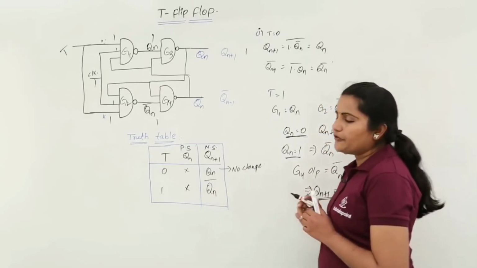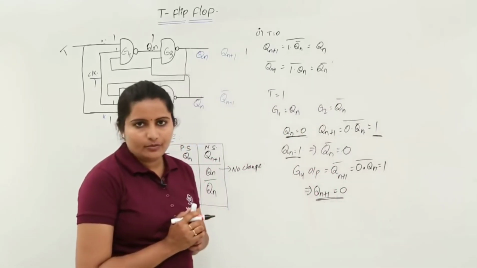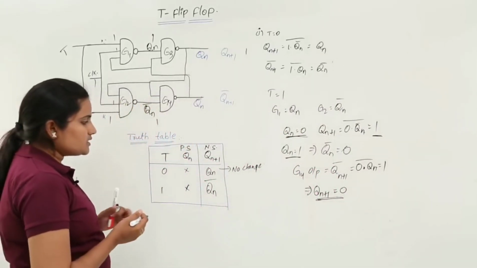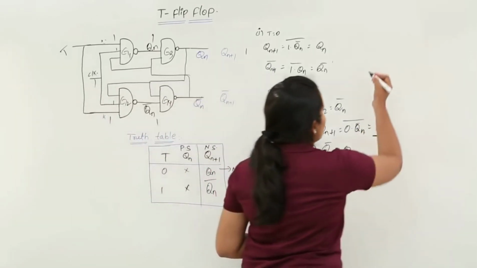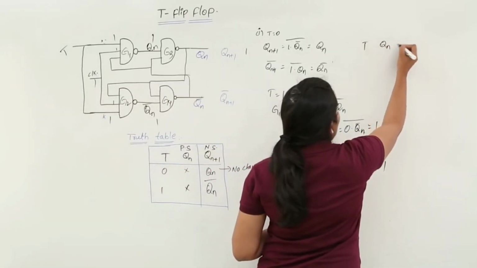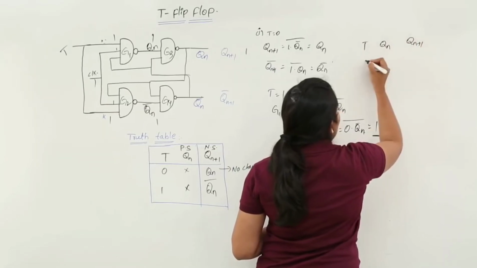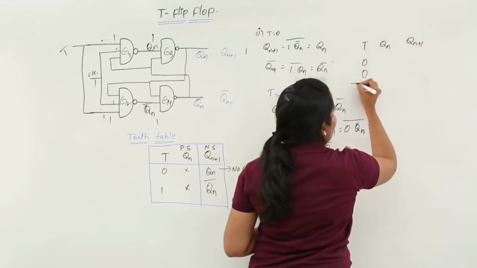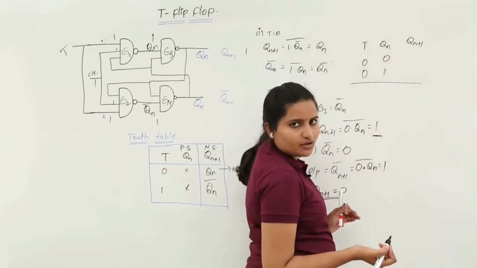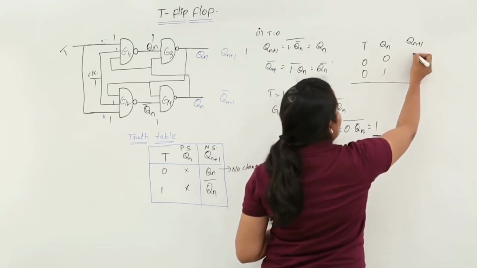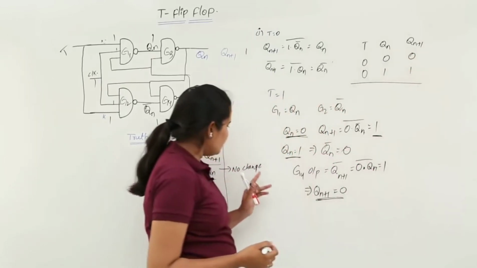Now if you want the expression for T flip flop, then I am just enlarging this truth table. That means T, Qn, Qn plus 1. So in the 0 case of T, your Qn value may be either 0 or 1. In this case you are getting equivalent to Qn.